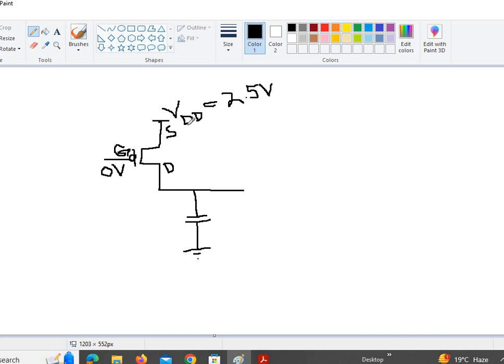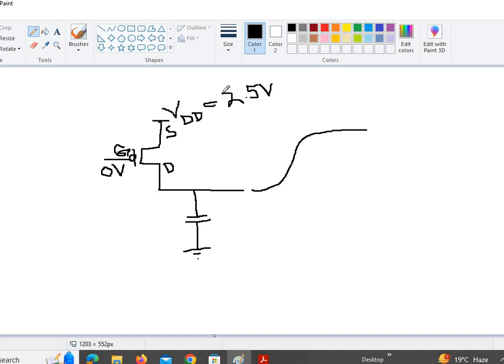So since this voltage VGS is above the threshold voltage all the time, we can pull the output all the way up from 0 volts to 2.5 volts. This would be 0 volts and this would be 2.5 volts. Now let us see, so if we use PMOS in the pull-up network, we can pull the output all the way up to 2.5 volts.